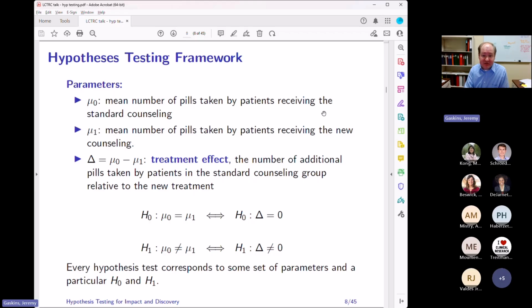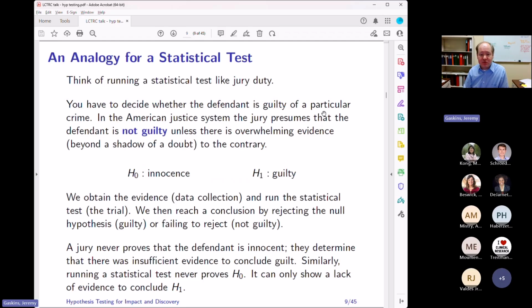And so, anytime I have a test or a p-value in my paper, do I know what that parameter and hypotheses actually is corresponding to? I think it's a good thing for us to be asking ourselves as we're doing various research and writing up our results.